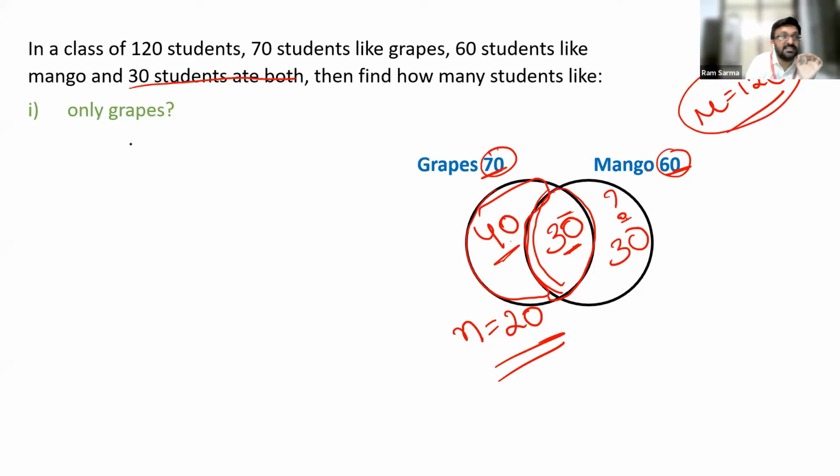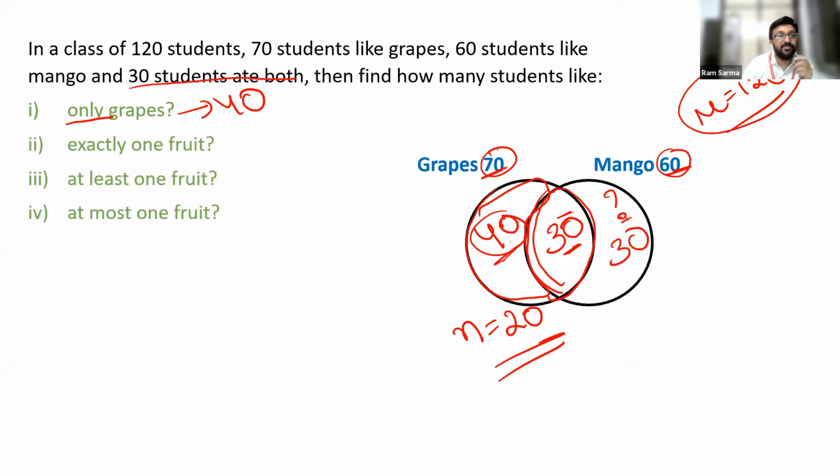But the given question is only grapes, so the student should like grapes but should not like any other fruit. So there are 40 members. Let me repeat: students who like grapes, 70. Students who like only grapes, 40.